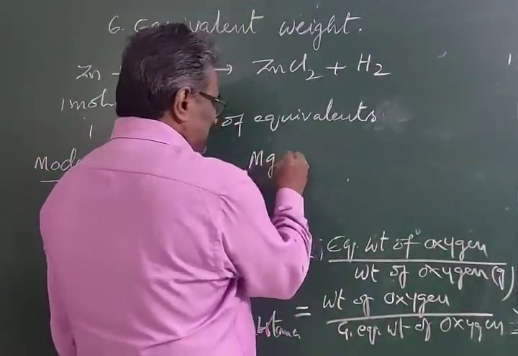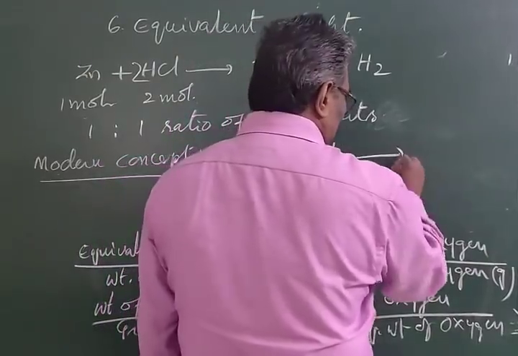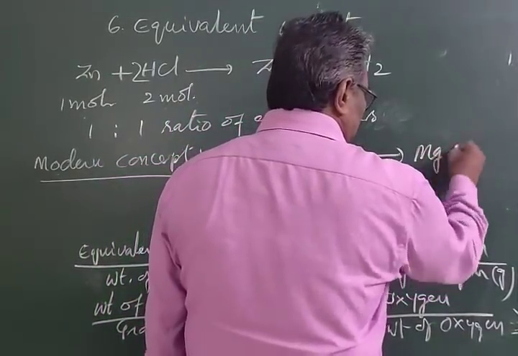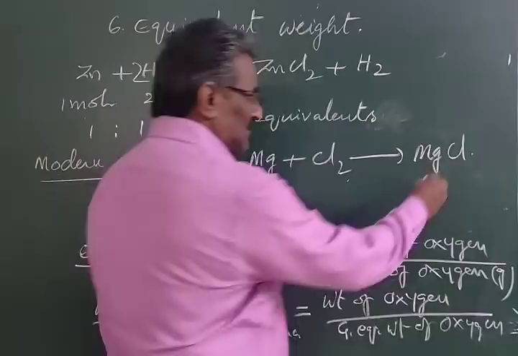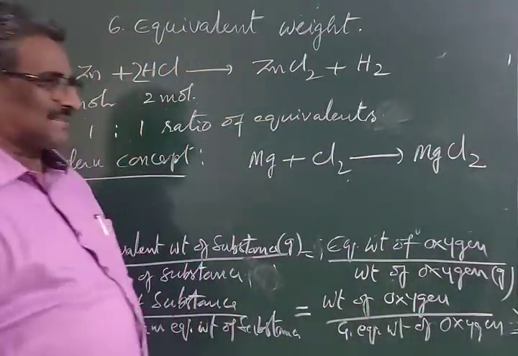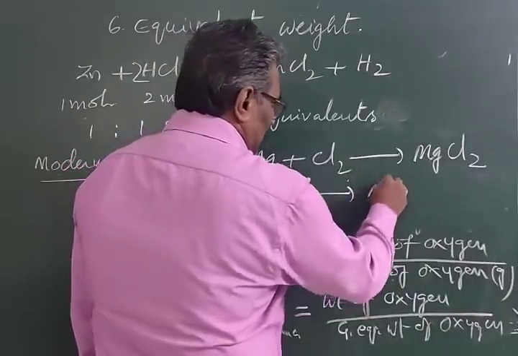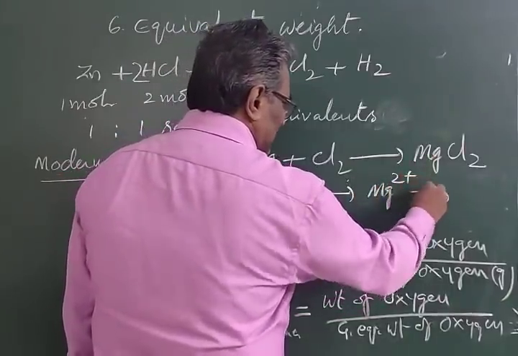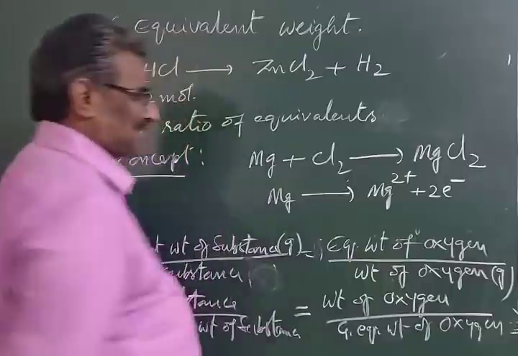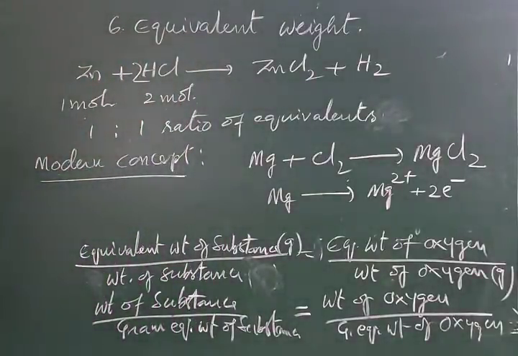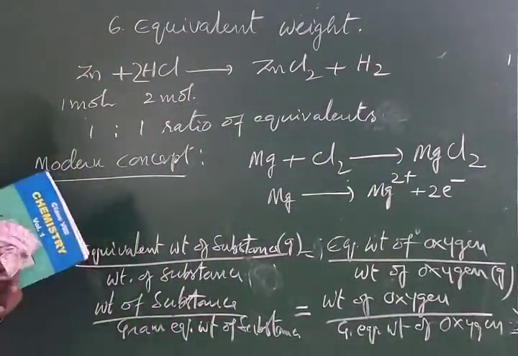For example, Mg plus Cl2 gives rise to MgCl2. In this, magnesium changed to Mg2 plus by losing 2 electrons.